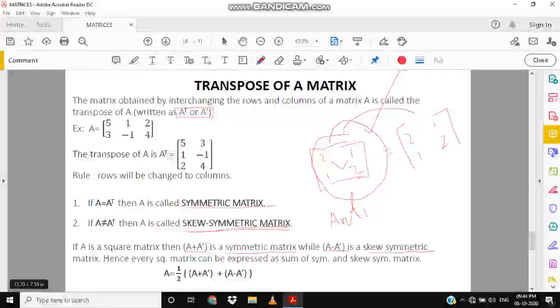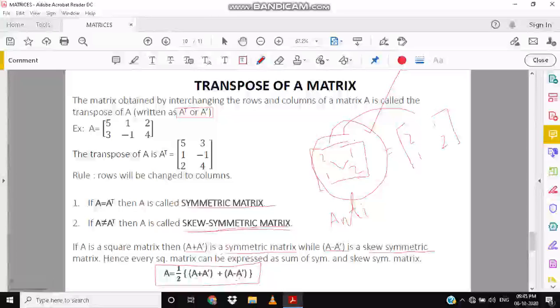Hence, every square matrix can be expressed as a sum of symmetric and skew symmetric matrix. So here is the relation: any square matrix can be expressed as a sum of symmetric matrix and skew symmetric matrix.